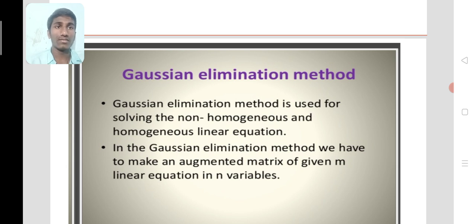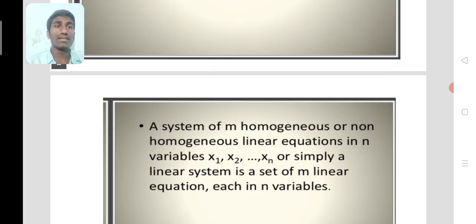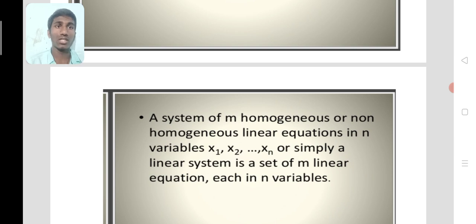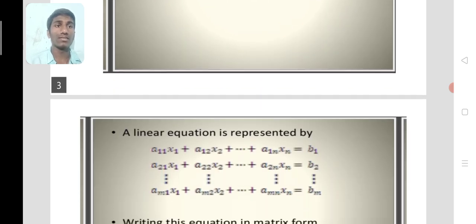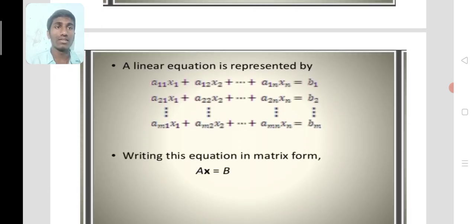In the Gaussian elimination method, we have to make an augmented matrix of a given system of m linear equations in n variables. A system of homogeneous or non-homogeneous linear equations in n variables, or simply a linear system, is a set of m linear equations, each in n variables.